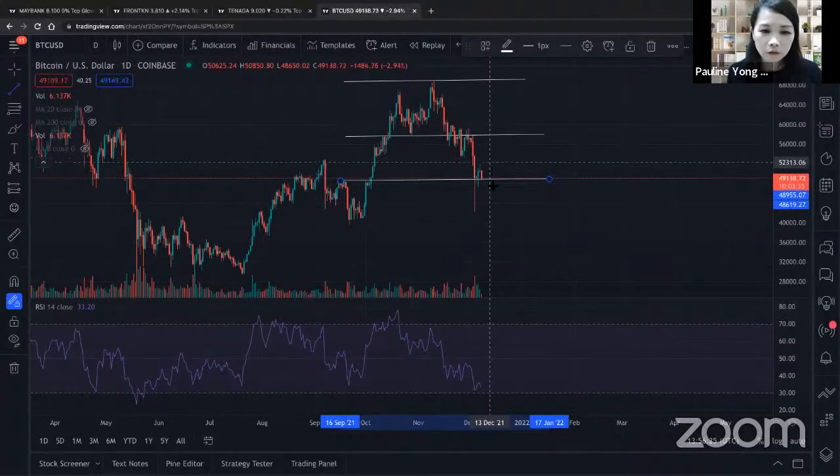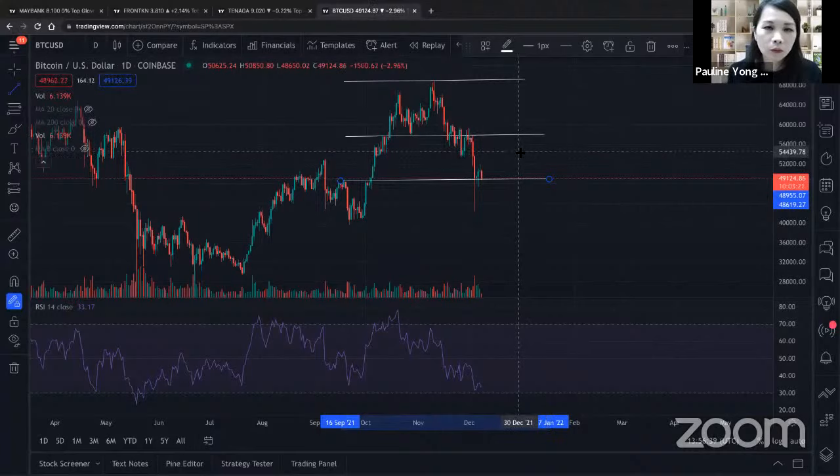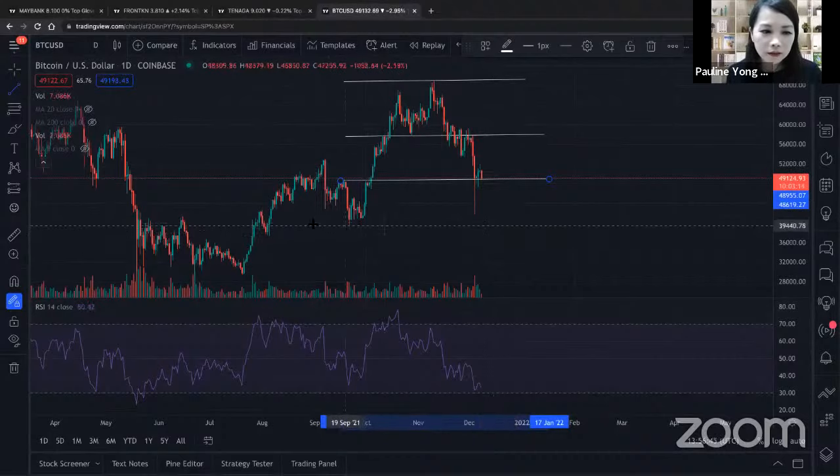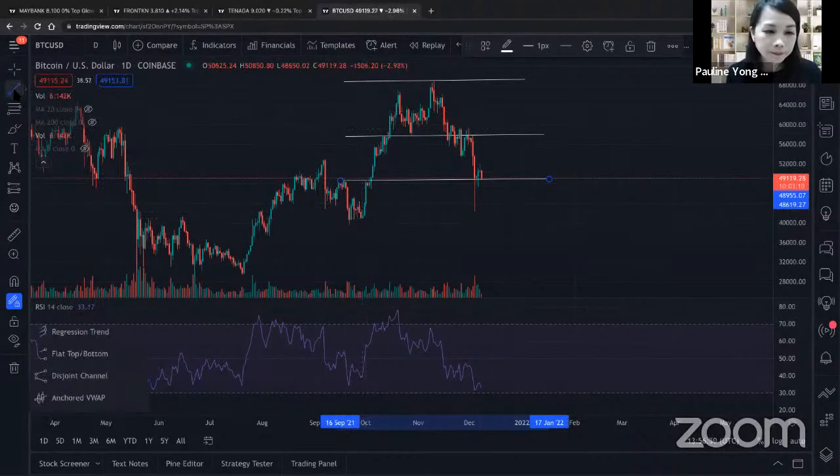So at the moment, from the technical analysis, I can see that this level here is supported. And if this level is supported, I would like to see that it should be going higher, if no more bad news. Unless this breaks, then the next supporting trend line, you see there's a lower low here, right?